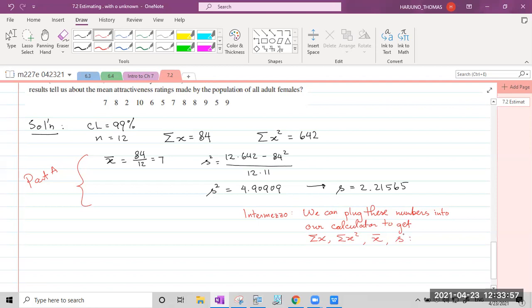And how do we do that? We will go to stat, and then edit, and then you input the data.